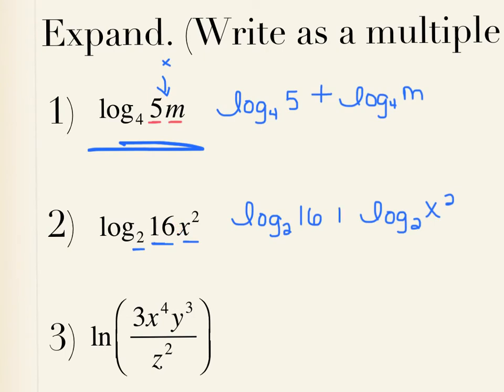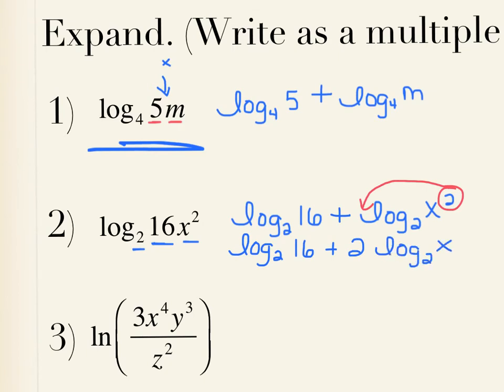So I'm combining these with addition. And then there's one more thing I can move around. This exponent, using that powers property, I can put down in front. So my final answer should look like this. Log base 2 of 16 plus 2 log base 2 of x. Okay, so slide the exponents down in front.